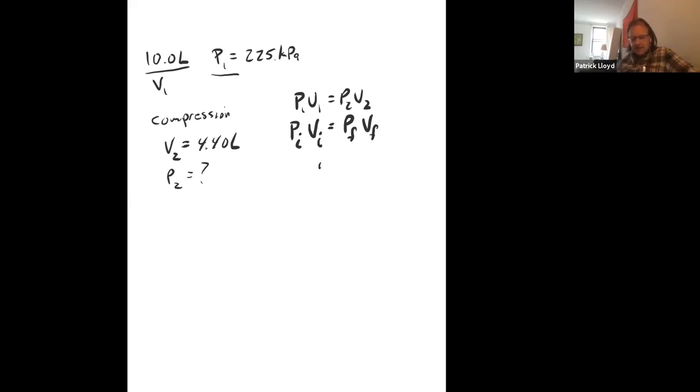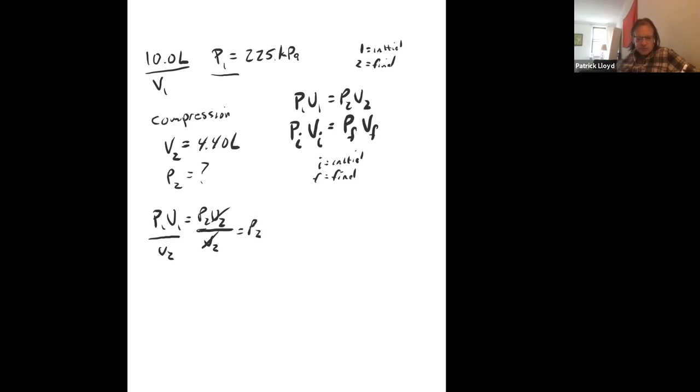So here I equals initial, F equals final, but here, 1 equals initial, and then 2 equals final. So it doesn't matter. Either one, it's the same equation. It's just what you're using for the symbols, okay? So P1V1 equals P2V2. We want to know P2. So divide both sides by V2, right?